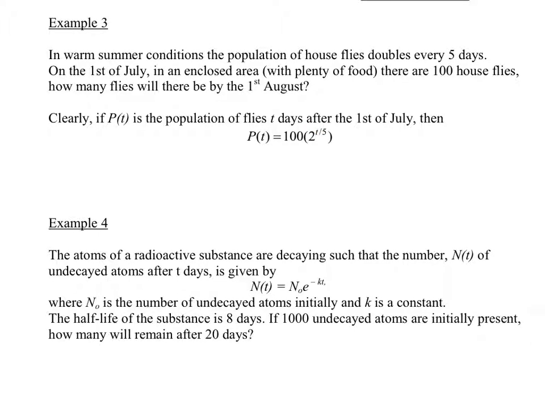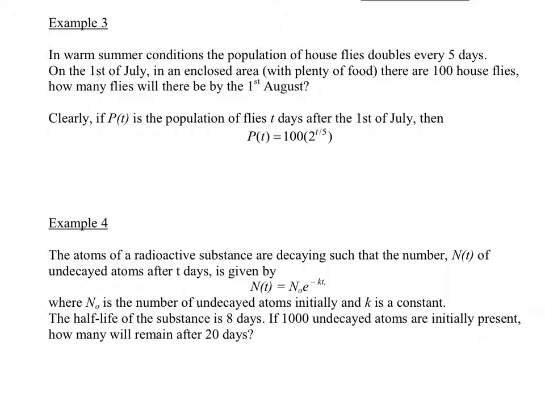If you think about it, it makes sense, because after 5 days it should have been multiplied by 2. So 5 divided by 5 would be 1, 2 to the power of 1 would be 2, so we'd be multiplying by 2.